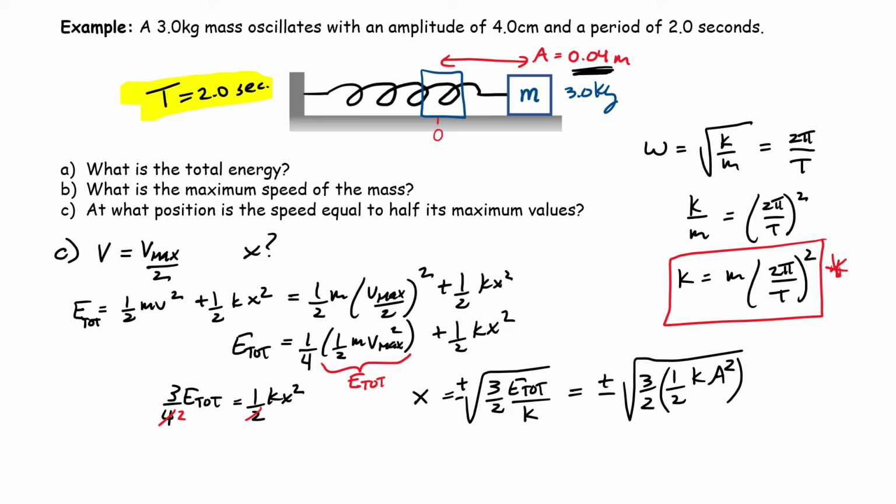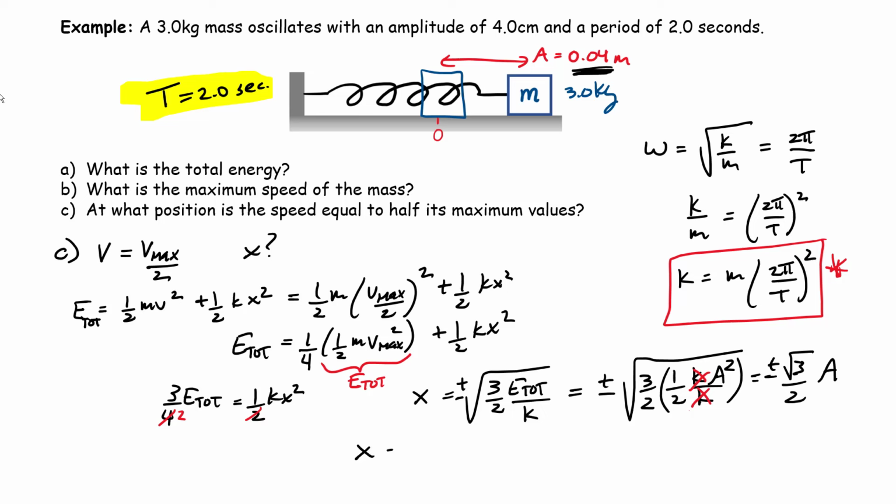And then I have to divide by k, because that's what appears here in the denominator. So you see that the spring constant actually doesn't matter for this problem. It ends up canceling out. So at the end, you're left with just some numbers that you can substitute into the calculator. We're left with plus or minus square root of 3 over 2 multiplied by a.